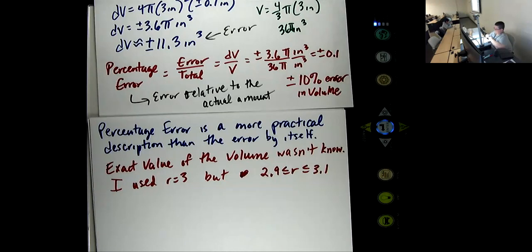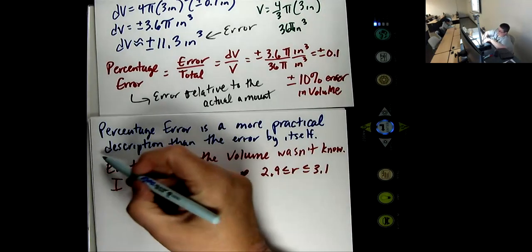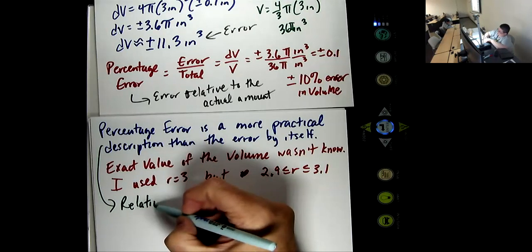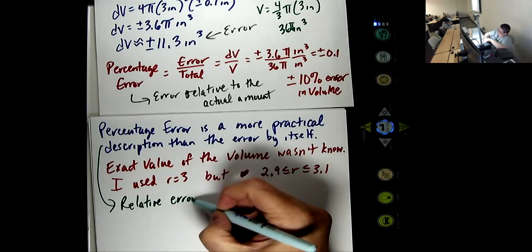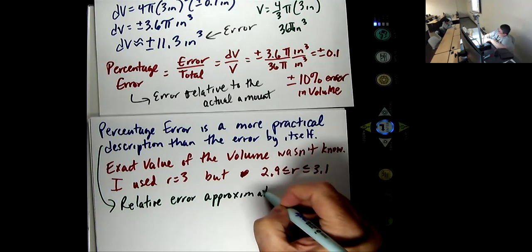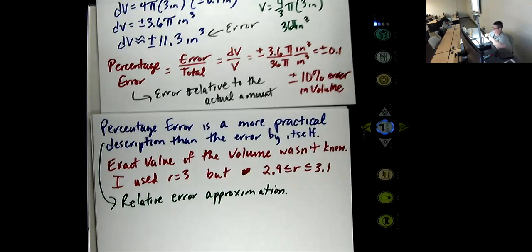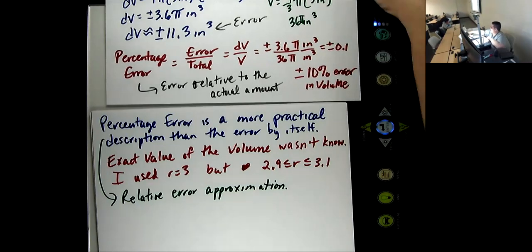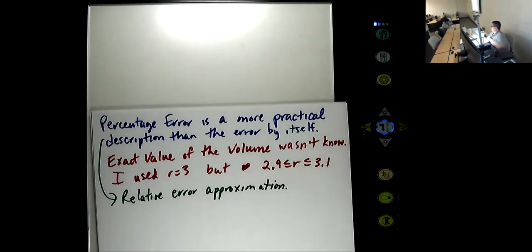But doing the percentage error is a good relative error approximation because we're pretty close. We didn't have the exact volume. If we had the exact volume, we wouldn't have this entire topic at all.